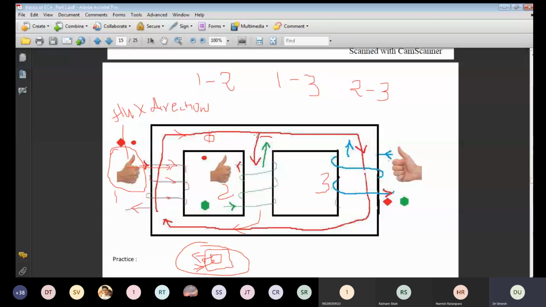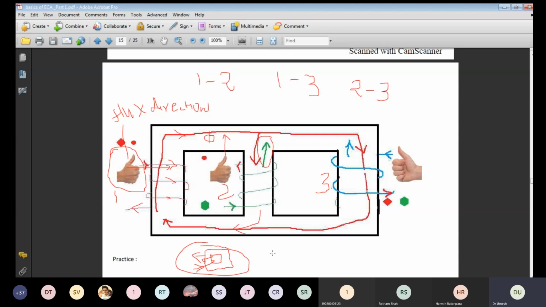So this green arrow will show the flux produced by the second winding. So we have to produce flux in such a direction that it opposes the flux produced by the first winding. So what you have to do is, how to keep the thumb, the right hand thumb, you should make in this position, and that is why the flux is in upward direction.